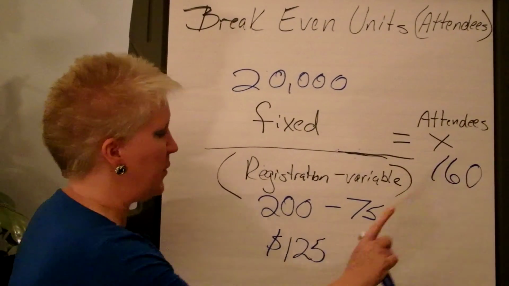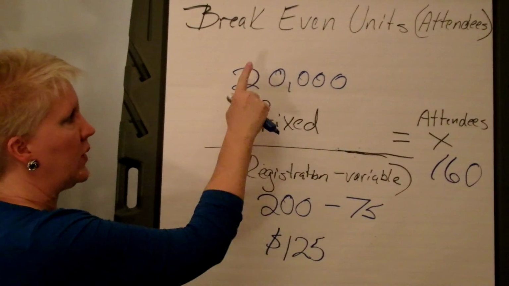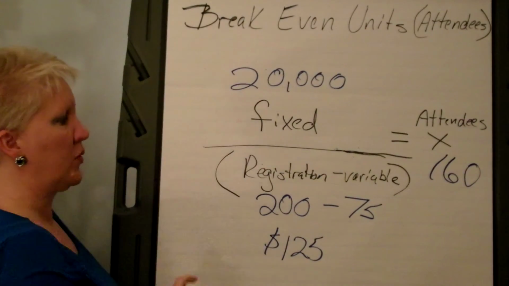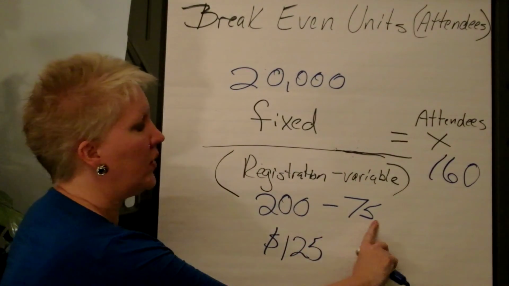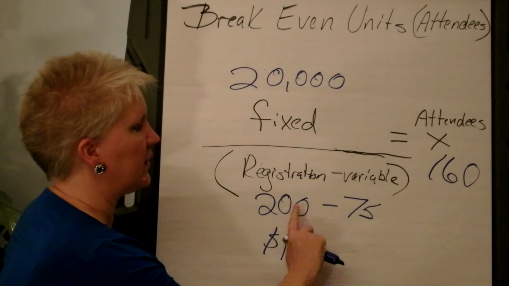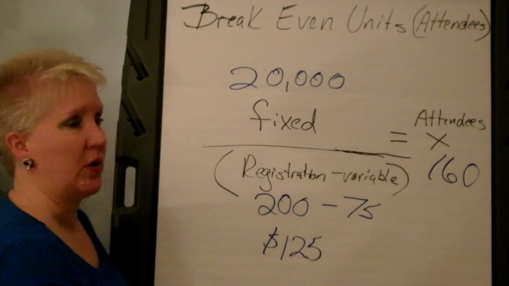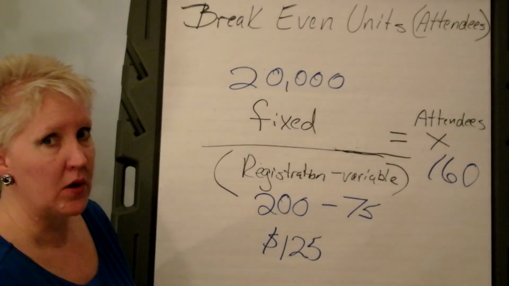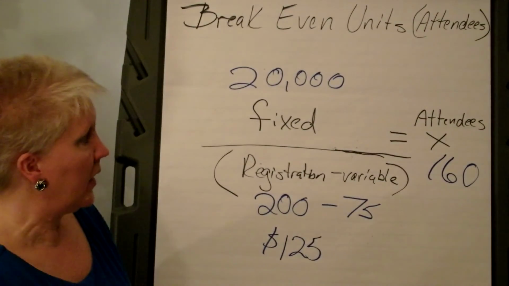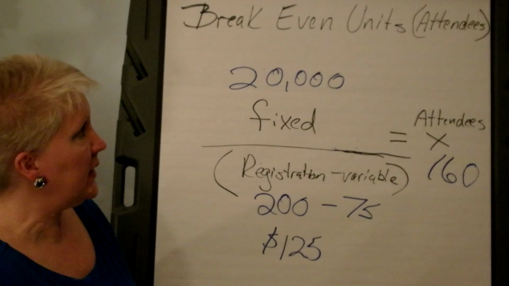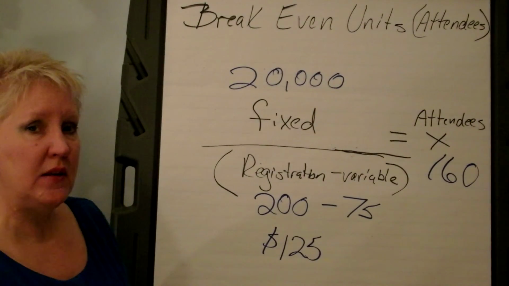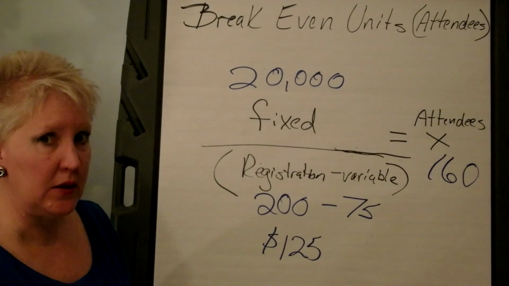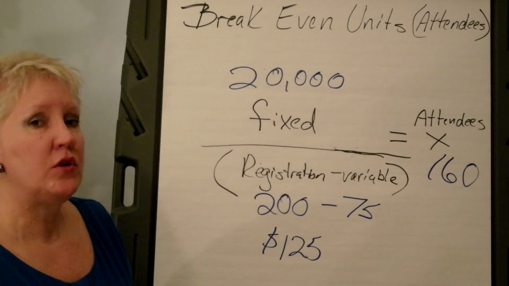So 160 people need to pay that $125 to cover the 20,000. The only reason this number is important in this case is because we have to back it out of the registration price to know what money is left to help cover the fixed cost. So that is the break-even unit, or number of attendees. That tells you how many people you need to attend to break even.